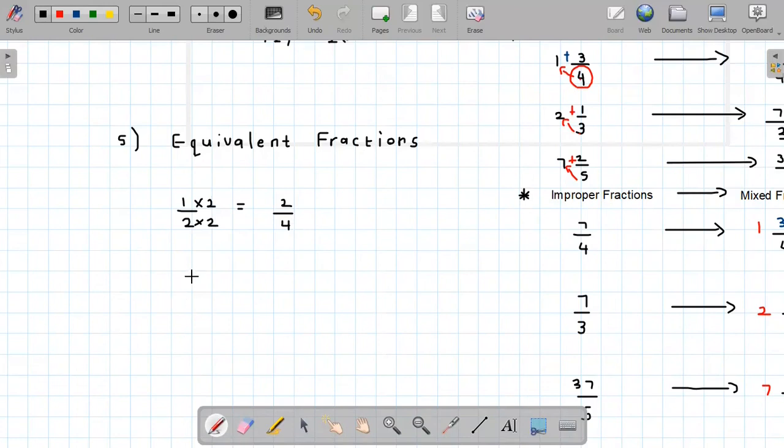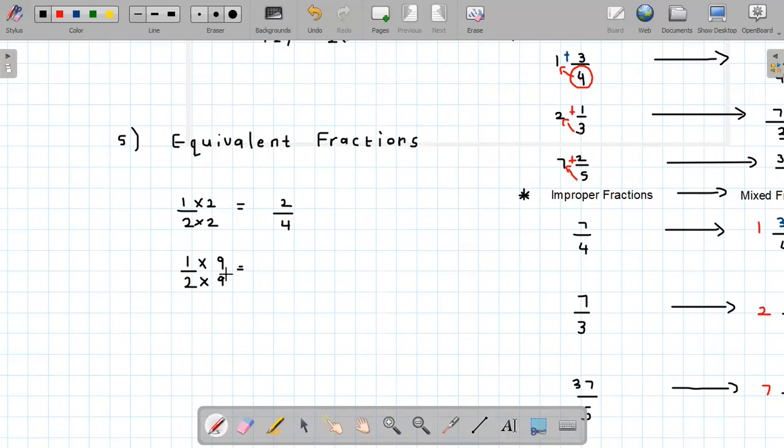Right? In the same way, I can write more equivalent fractions for this given fraction, half. So now I'm going to multiply it by 9, right? You can multiply it by any kind of number. It doesn't matter. But the thing is, you have to multiply with the same number.